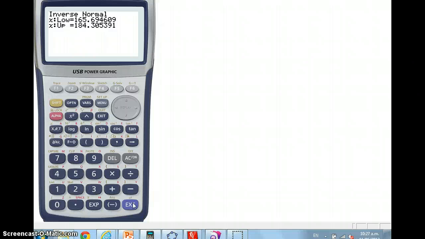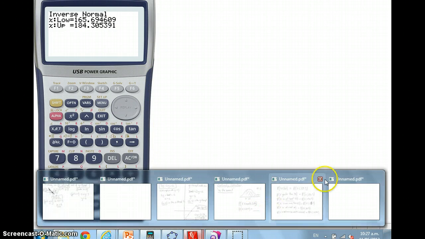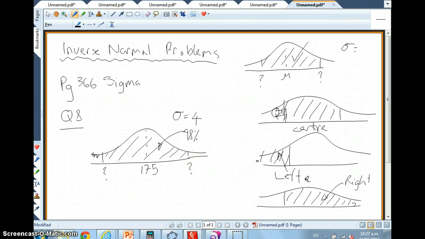For those with the green calculator, instead of putting in 98, you actually have to put in 0.01. You have to put in the area to the left. Now, 98% leaves 2% left, 1% is there, and 1% is there.